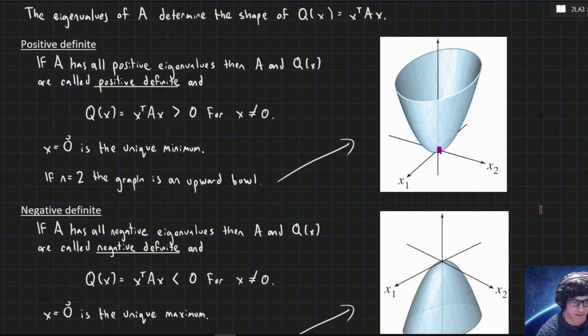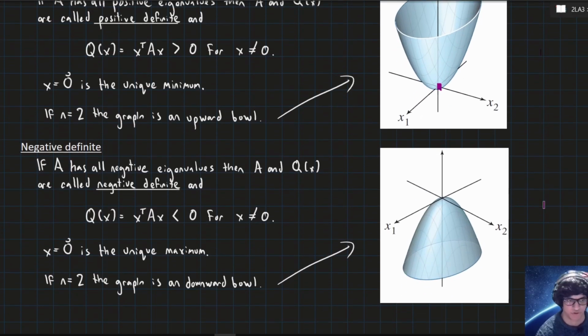Negative definite is the reverse of that. If A has all negative eigenvalues, then A is called negative definite, and the quadratic form is always negative, with the exception of the origin, which will now be a unique maximum.